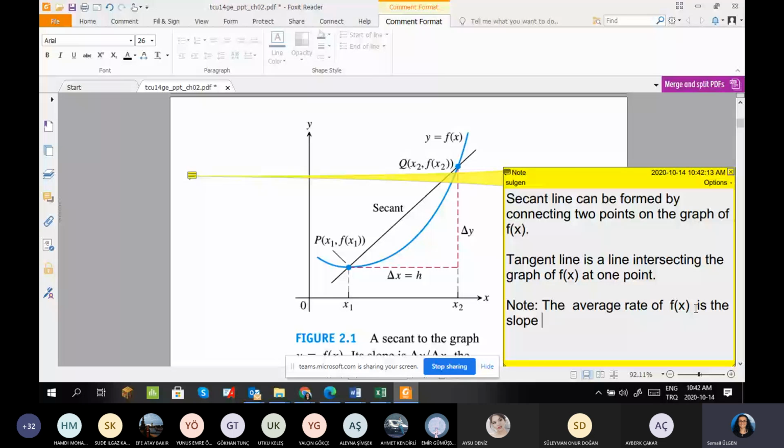We have a secant line here, so it's the slope of that. Delta y over delta x is the slope of the secant line.